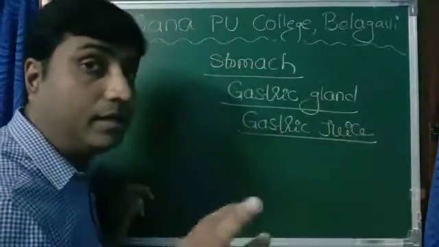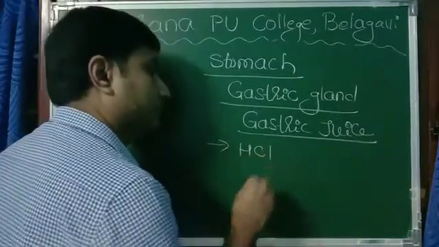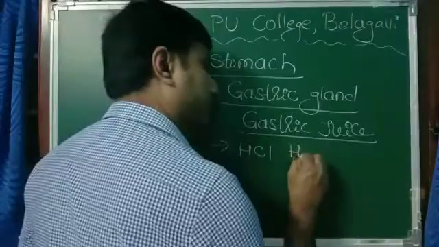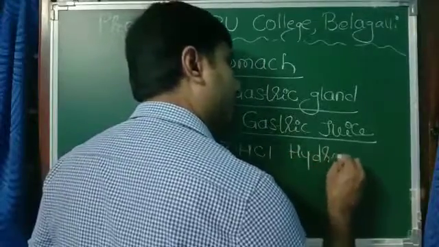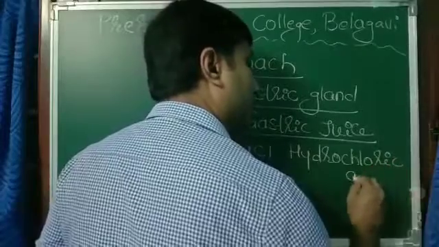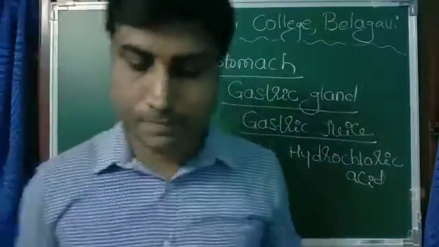The main content of gastric juice is HCl. What is HCl? Hydrochloric acid. HCl is hydrochloric acid.